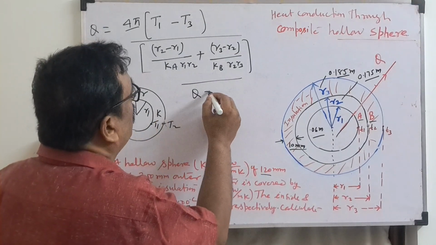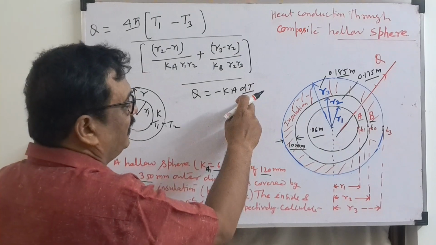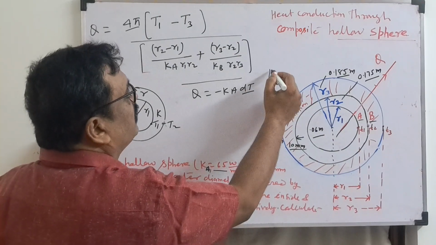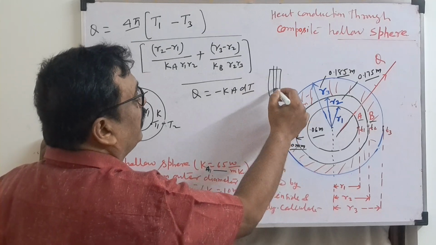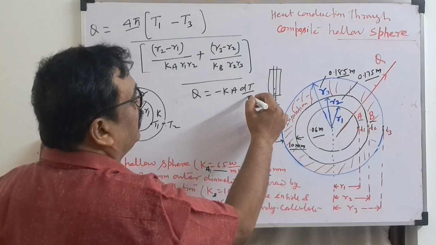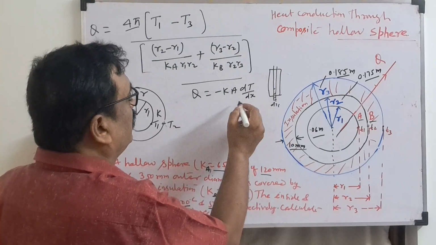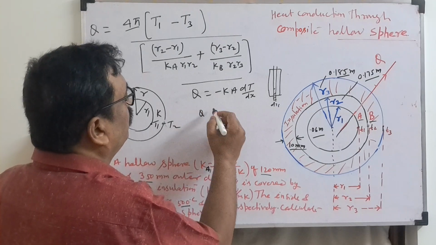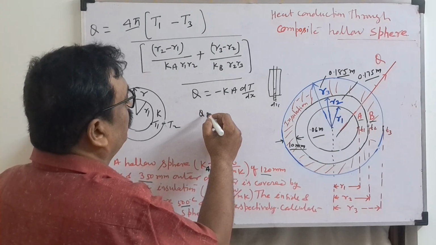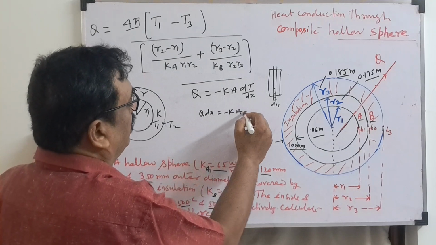Q is heat flow. Q is equal to minus Ka dT by dx. Once I give the dx, that means this is the plane wall, with plane wall thickness dx. If we solve this, q dx equals minus Ka dT.